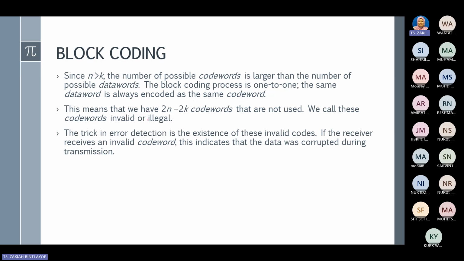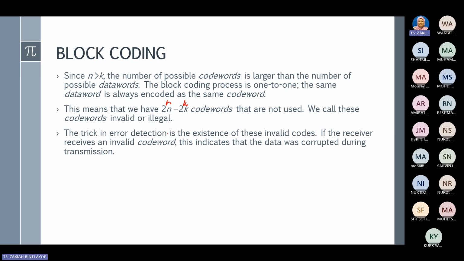This means that we have 2 power of n minus 2 power of k code words that are not used. Because n is bigger, we have several code words that are not used. We call these code words invalid or illegal.